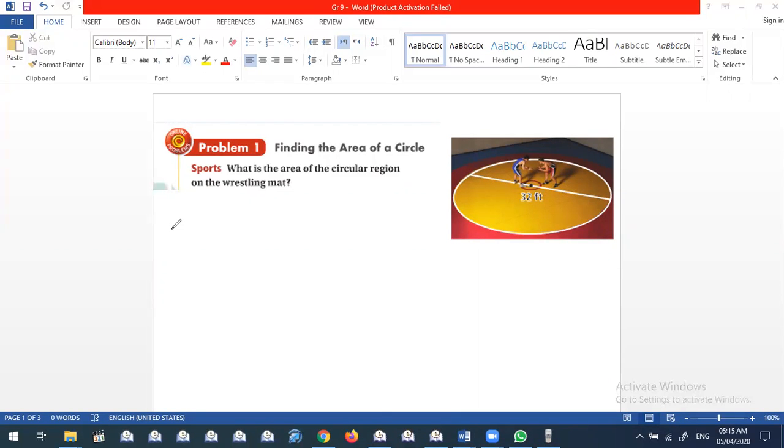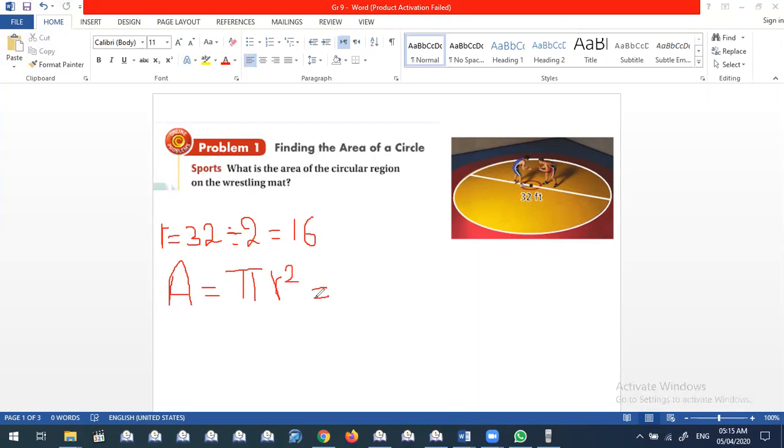First, if you need to find the radius, r, you are going to make 32 divided by 2, because the diameter is double the radius. 32 divided by 2 is 16. Now we have the radius. Let's find the area of the circle. According to our rule, it's pi r squared.